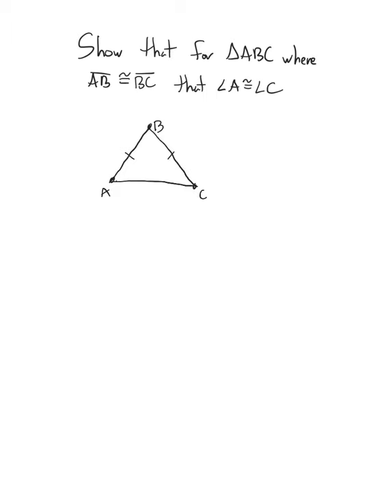And we don't know anything about AC. So I'll put in red what we want to show. We want to show that angle A has the same measure, so it's congruent to angle C.